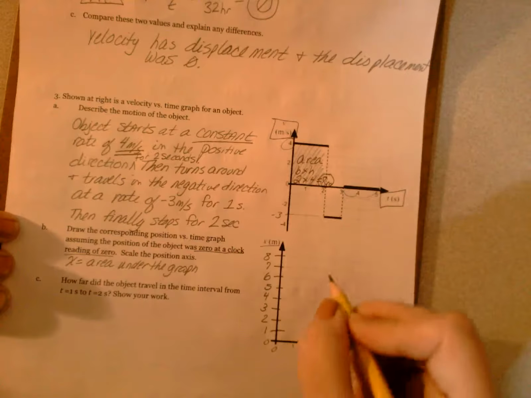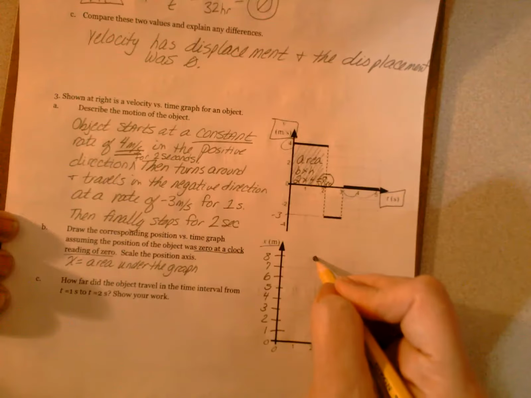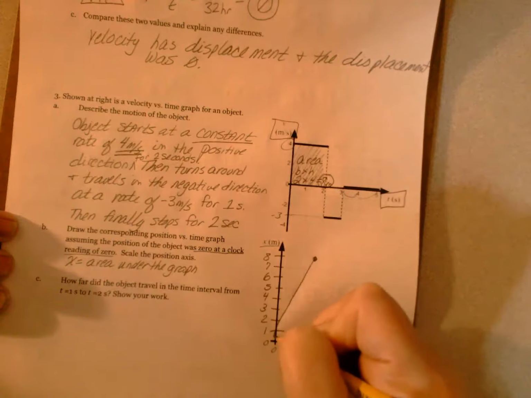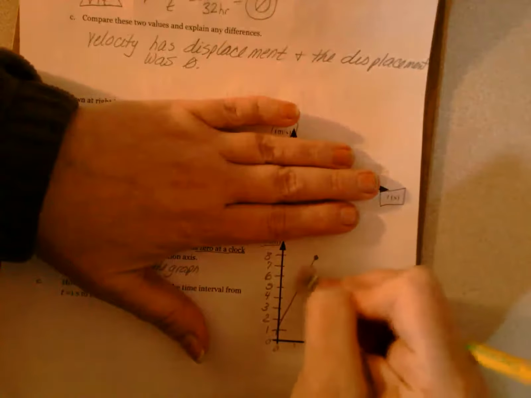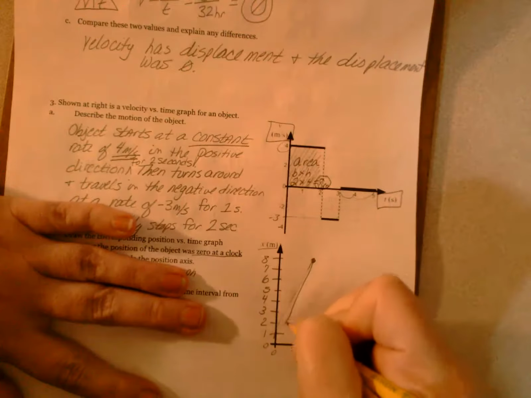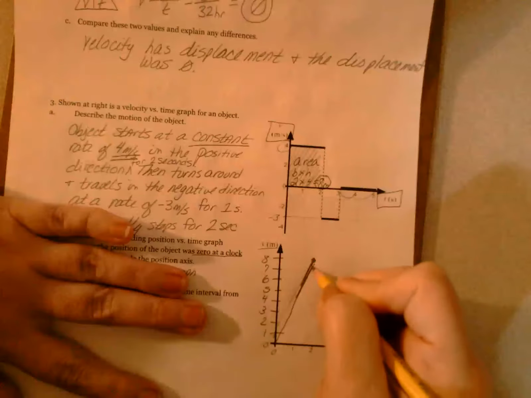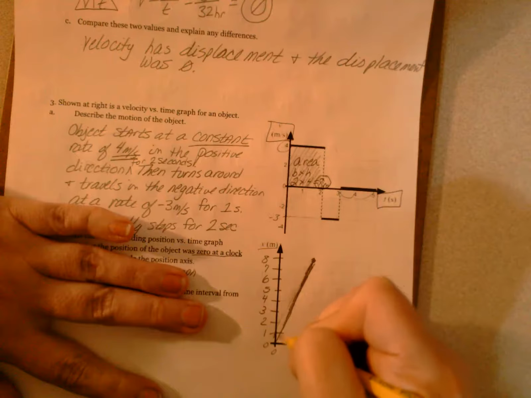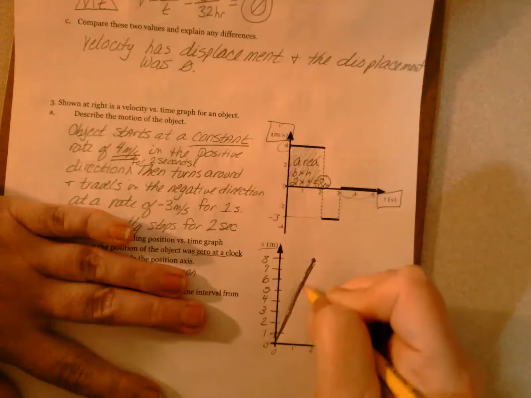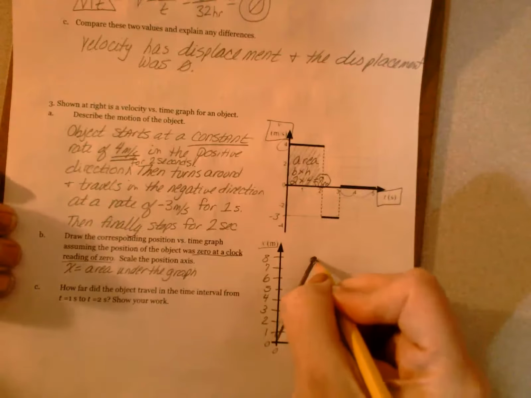So at 2 seconds, he went up 8 meters. So I can draw my line to 0. Whoops. Easier said than done, huh? There we go. So we have a straight line from 0 up until 8. Not a beautiful line, but it gets the point across.